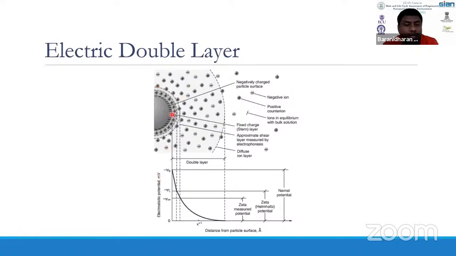Then, over the distance from the solid surface, or the surface of any material, you will have a diffusive layer, in which you have both ions in the solution. So the first layer is tightly packed, followed by the loose layer that has both ions. Here we call it the electrical double layer. In order to make the particles come near, you need to compress it, and only then will the aggregation start.